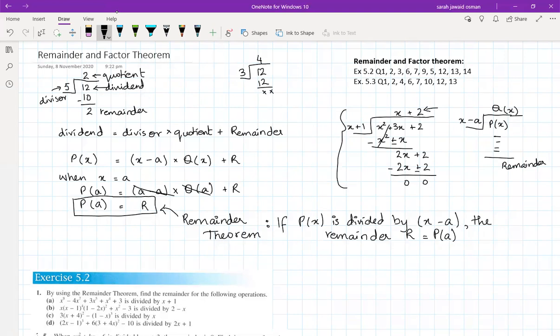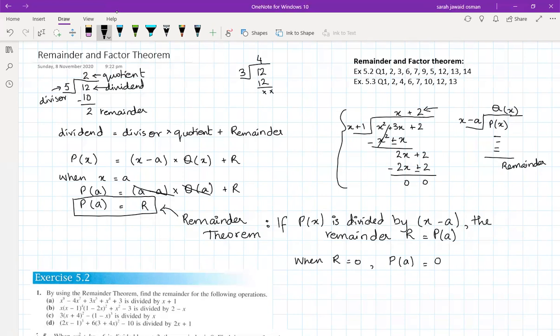So if, let's say, we have a situation where the remainder is 0, then that means our p of a, which is equal to the remainder in this situation, is 0. So when r is equal to 0, that means p of a equals 0.